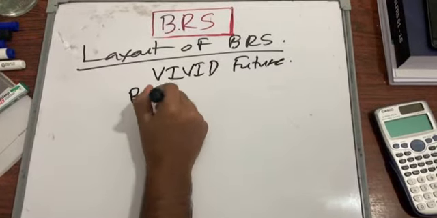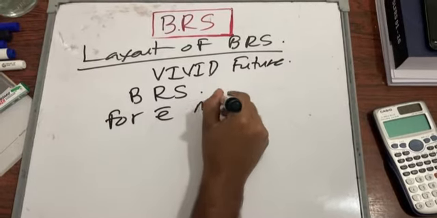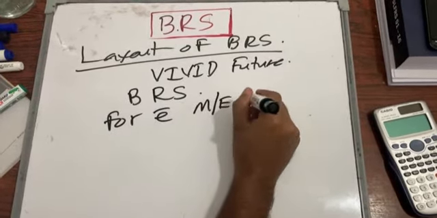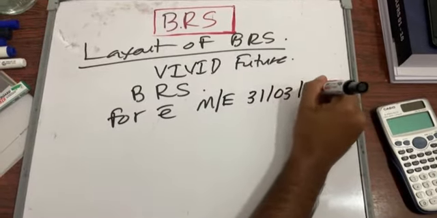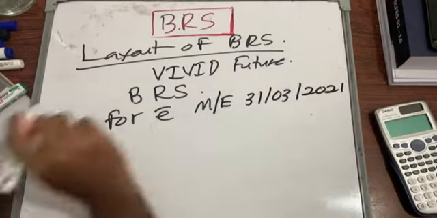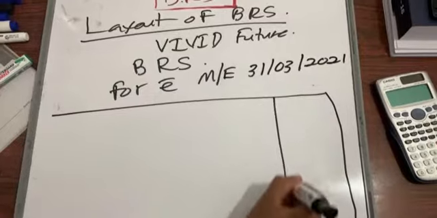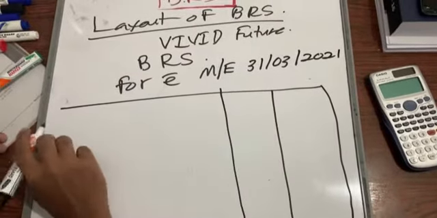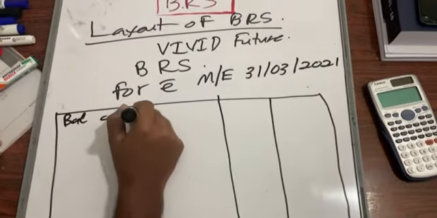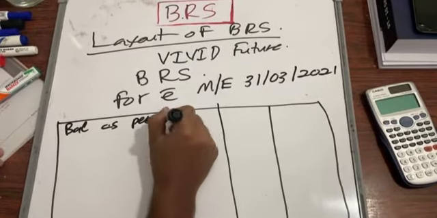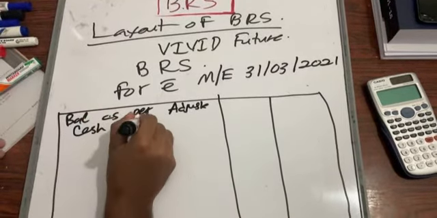Bank reconciliation statement for the month ended 31st March 2021. Balance as per adjusted cash account.